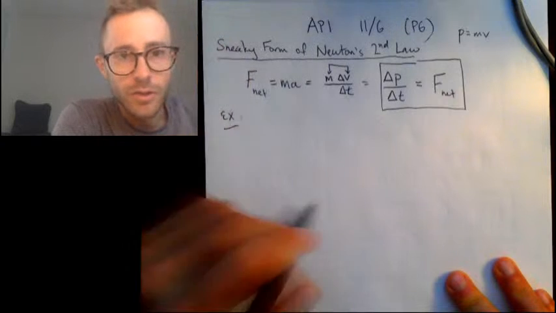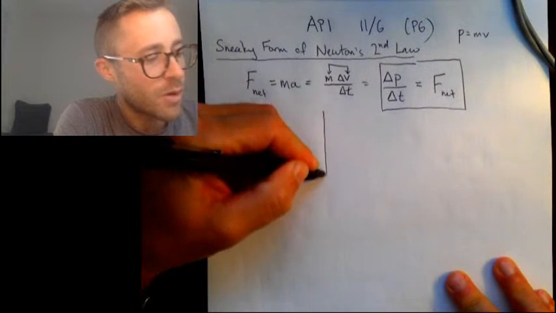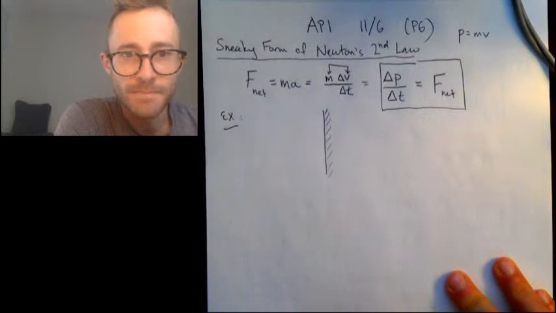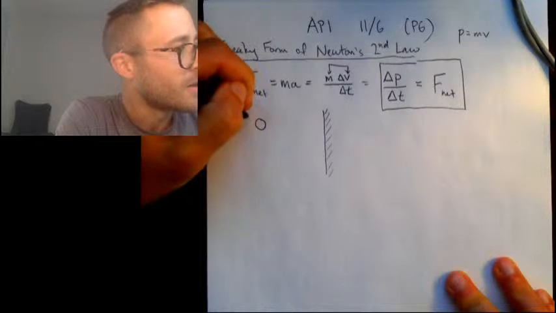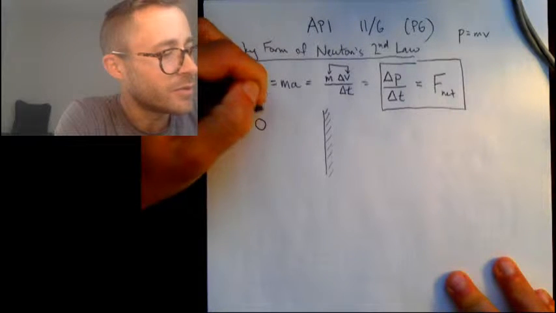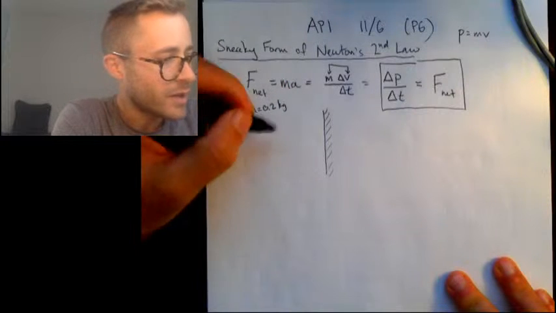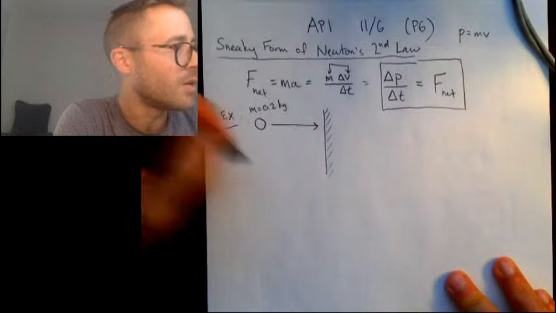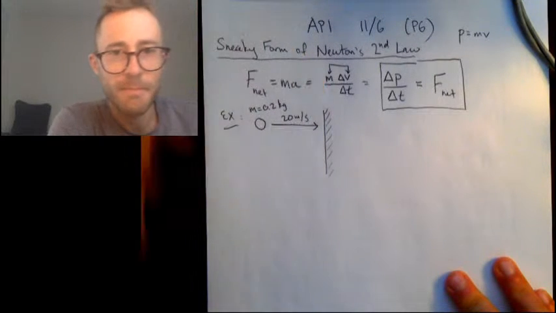Okay? So let's imagine that we have a wall. And we have a ball. The ball has a mass of 0.2 kilograms, and the ball is headed towards the wall with a speed of 20 meters per second.